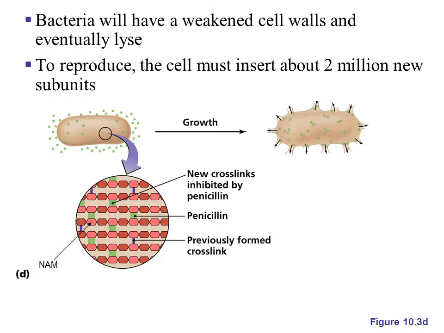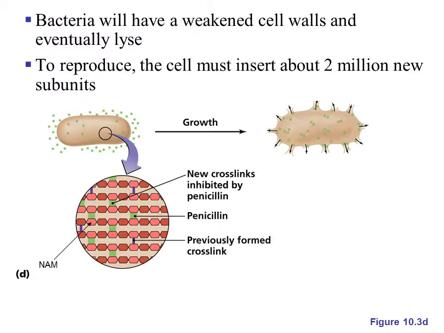If you cannot attach the new layers to the older layers, then the bacteria will become very weakened in reference to their cell wall. If the cell wall is weakened and becomes porous, then water can rush in or water can rush out. The bacteria will eventually lyse.